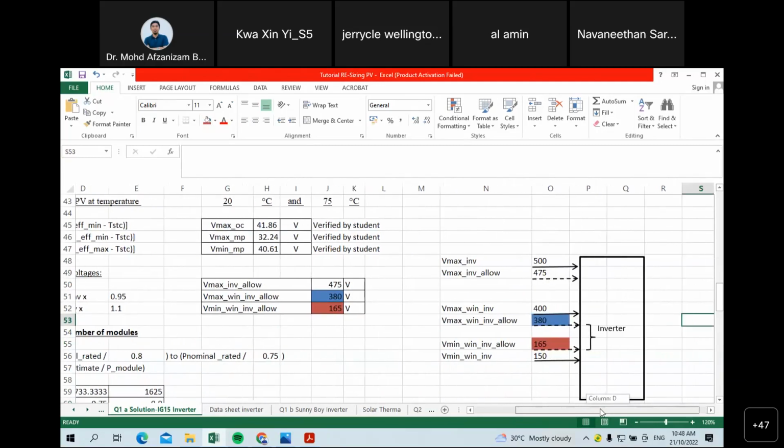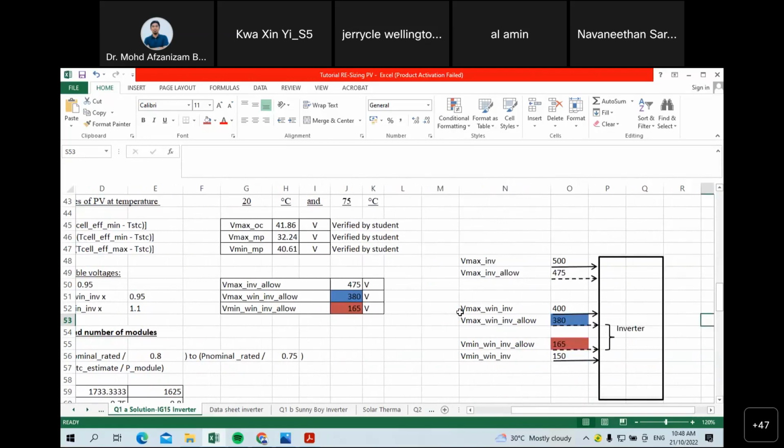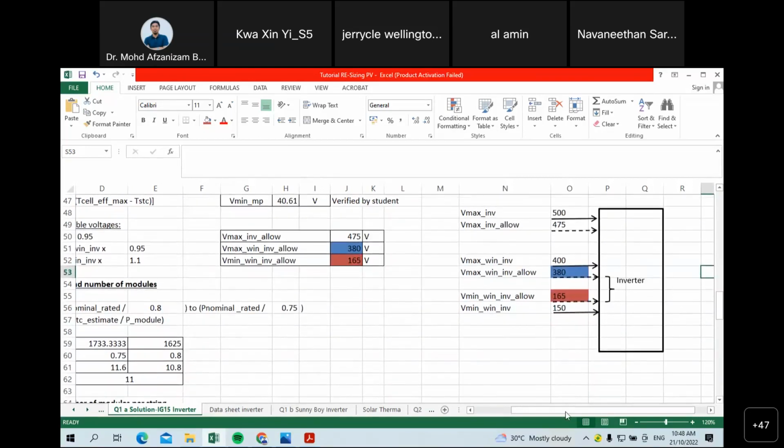So far, any question until we determine this window? The range of this thing we call it window inverter. Allow means that after we apply the safety factor just now, this is the allowable voltage that can be entered into the system. So far so good, guys.